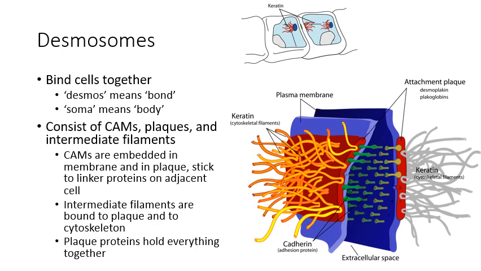So the basis of your desmosome would be these plaques. Yeah, so these red plates embedded in each cell's membrane, those are plaques. That includes structural proteins that are just giving strength to the junction.